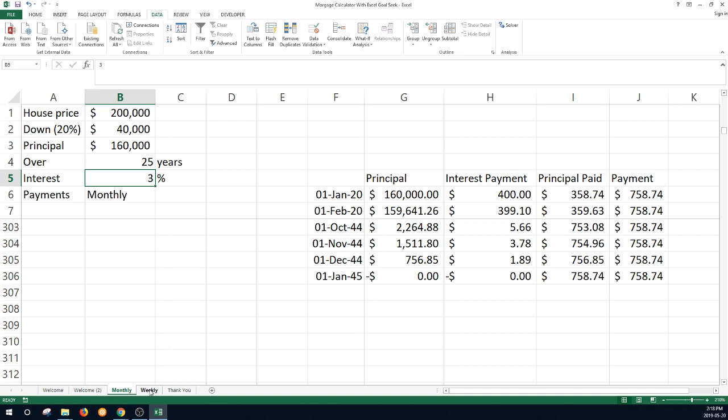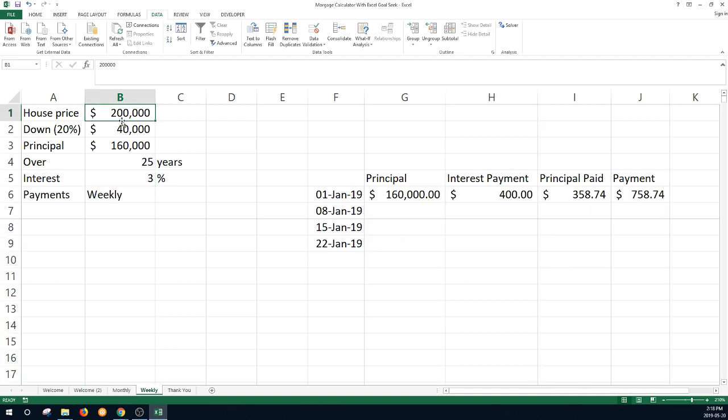Now, let's say you want to try out another scenario. Let's say that same house, $200,000, down payment is 20%, over 25 years, 3% interest, but you want to do this on a weekly basis. So let's do this again. Let's extend the table. This time we're going 7 days every time. Let's extend this again to get all the way to the end of the 25 years.